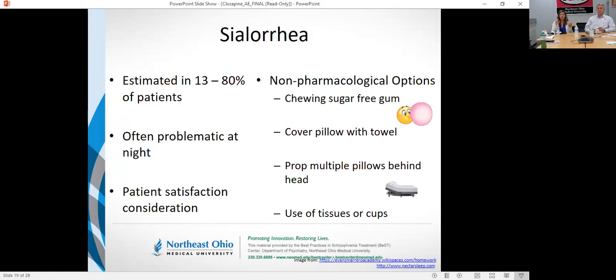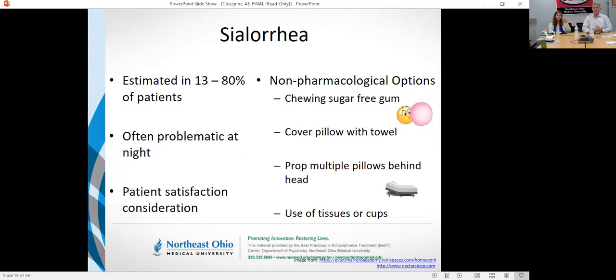This could cause a pretty significant quality of life and patient satisfaction impact, and it often tends to be most problematic at night. From a prevention standpoint, during the day, there are things that could be done for the patient, such as utilizing sugar-free candy or chewing sugar-free gum, that will allow more swallowing and make the hypersalivation less obvious during the daytime.